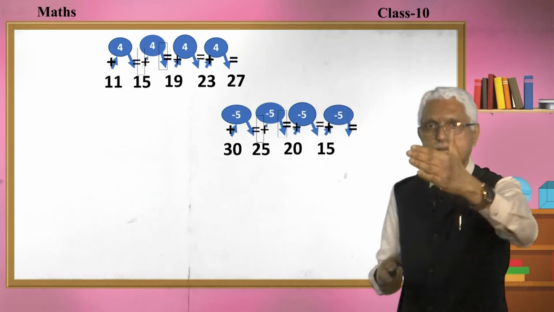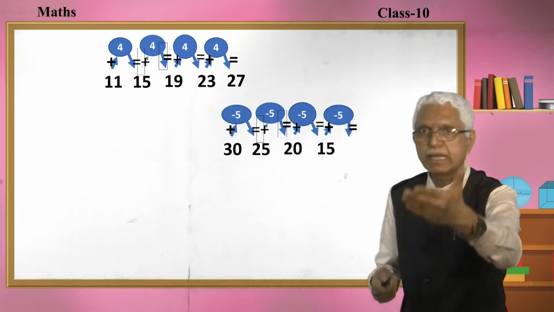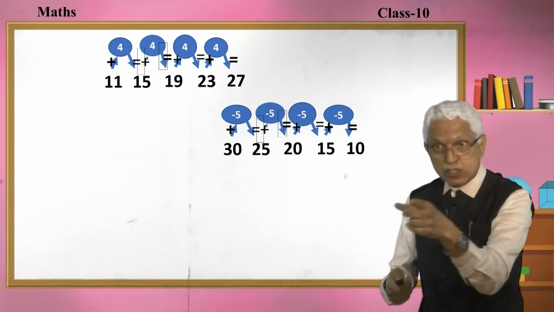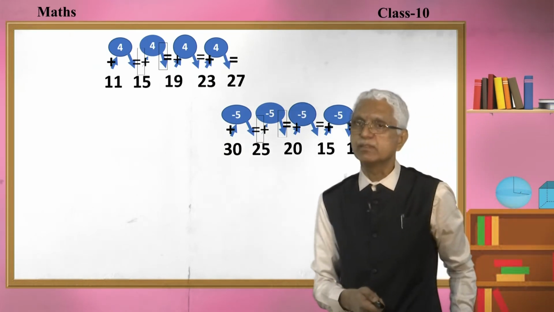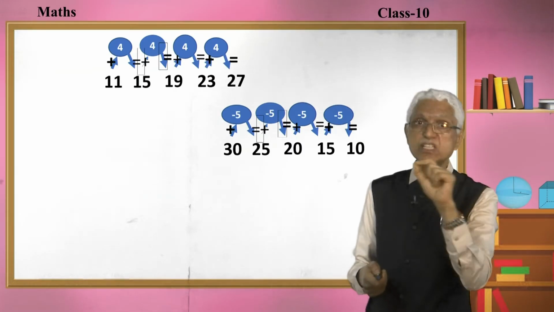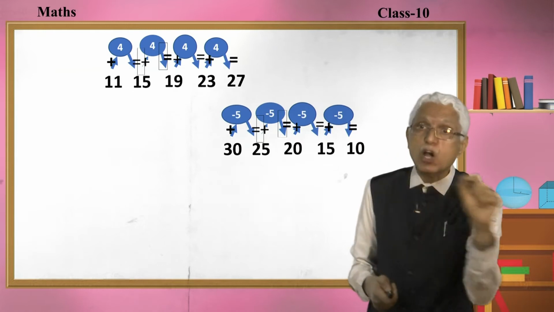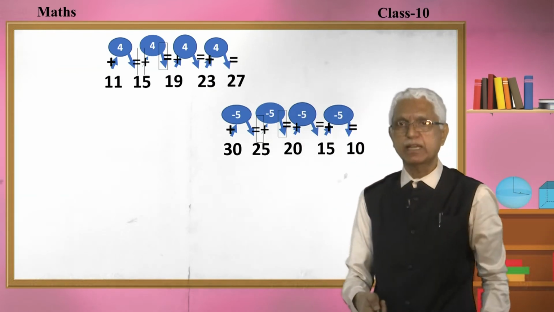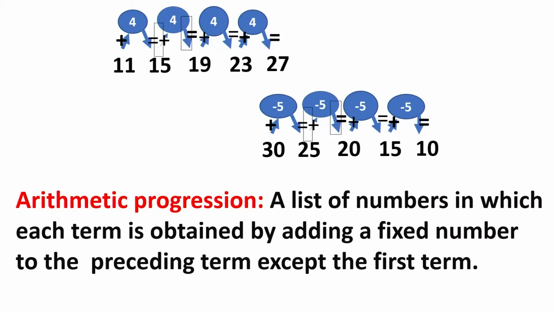Plus minus 5 is 20, plus minus 5 is 15, plus minus 5 is 10. This is also an arithmetic progression. So, in an arithmetic progression, common difference need not be positive only. It can also be negative, correct? That is why this particular example is taken.